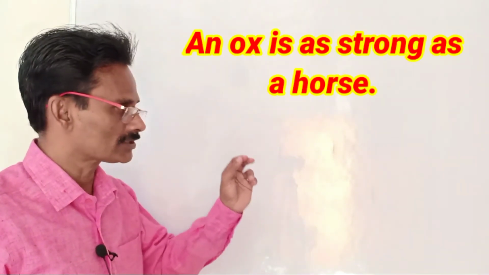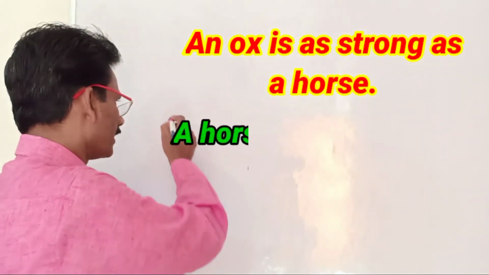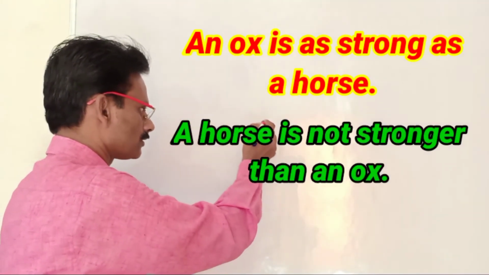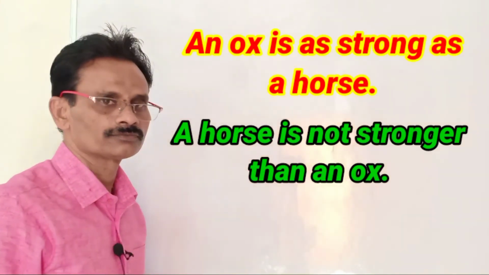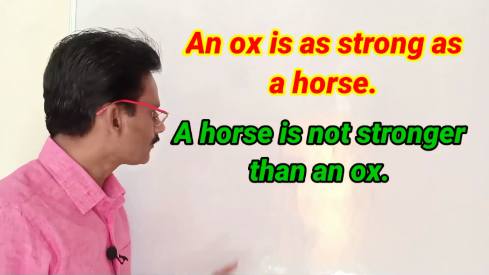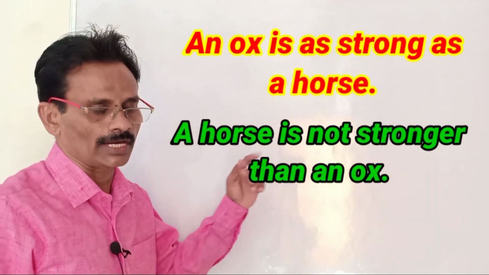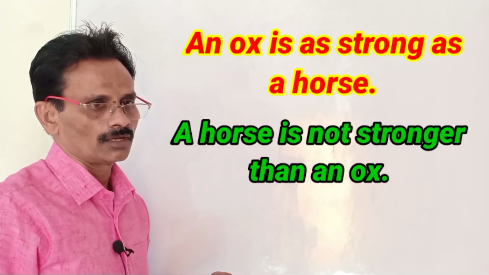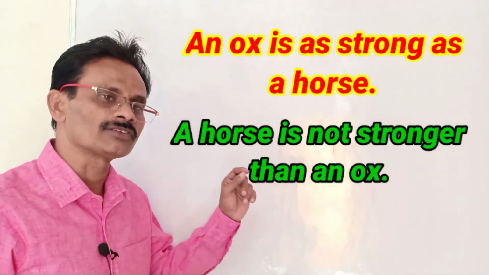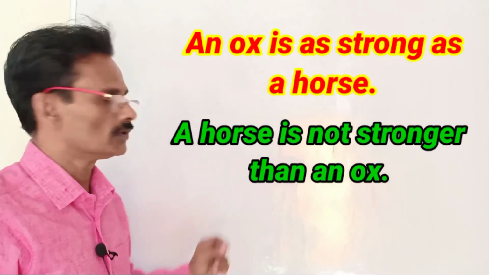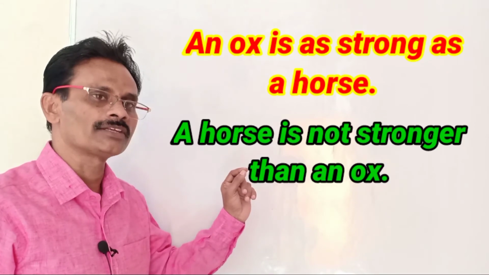And let's turn that sentence into comparative degree. A horse is not stronger than an ox. Here we have used stronger, the comparative form of the adjective. And the meaning of the first sentence and the second sentence is the same. First is in positive degree, second is in comparative degree.